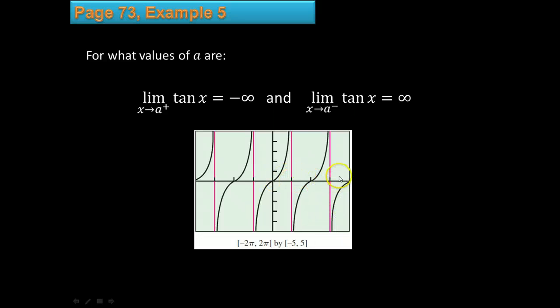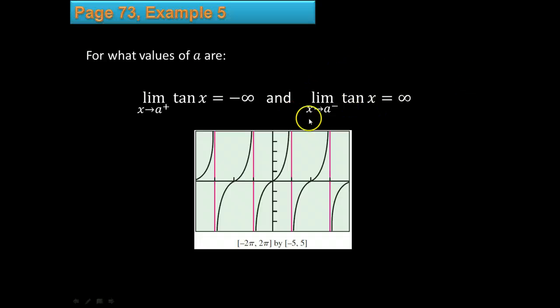And then the same thing right here, between pi and 2 pi, this would be 3 pi over 2. We know, of course, this is periodic, so we could expect it to continue to happen. So it seems like it's going off to negative infinity anytime we have an odd multiple of pi over 2.